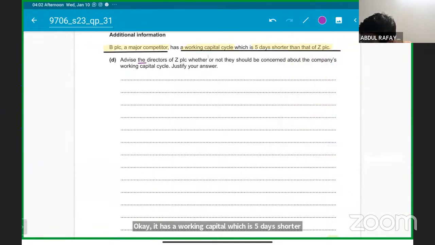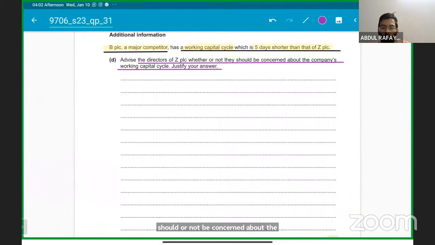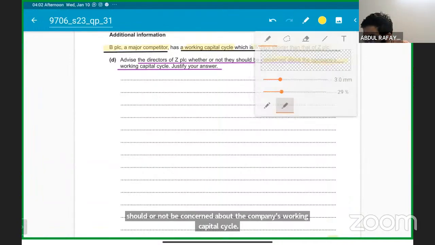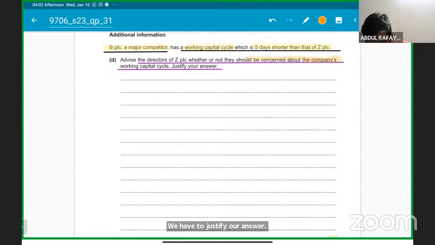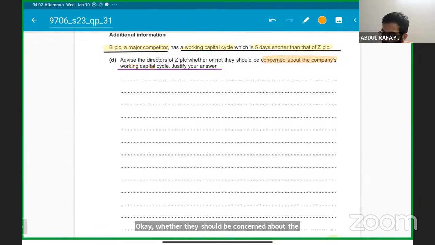We have to advise the directors of ZPLC whether they should or should not be concerned about the company's working capital cycle, and we have to justify our answer.